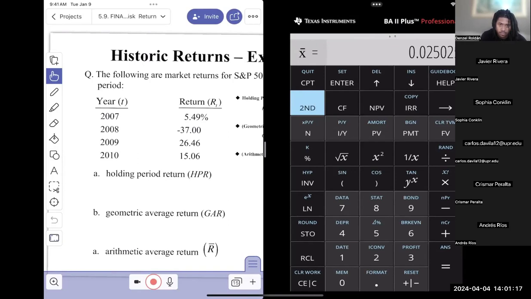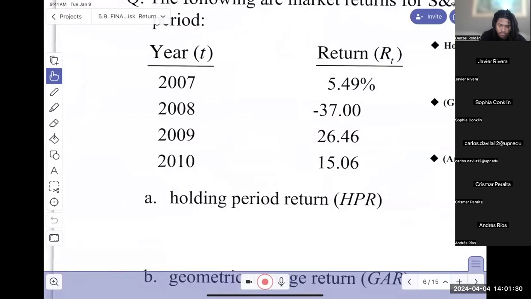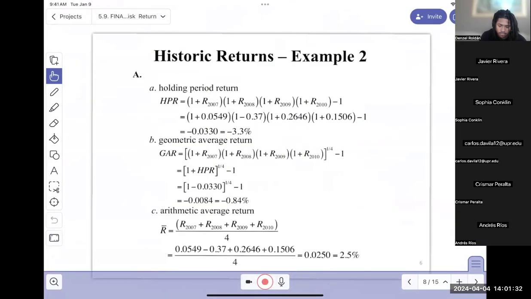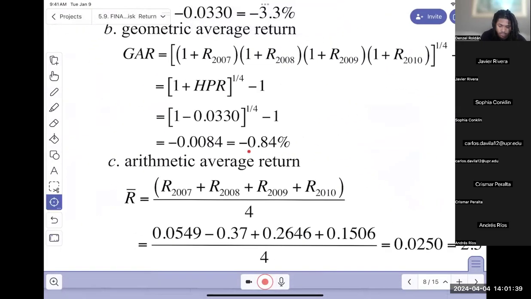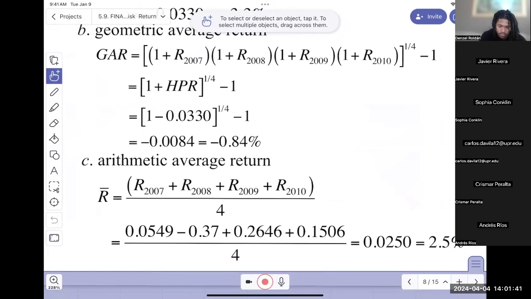That's not the geometric average. It's just a regular average, arithmetic average. So that's the mean there. Okay, so that's the geometric average return. The arithmetic average return looks like there was 2.5% return per year.